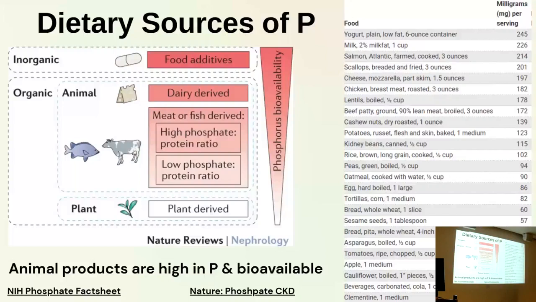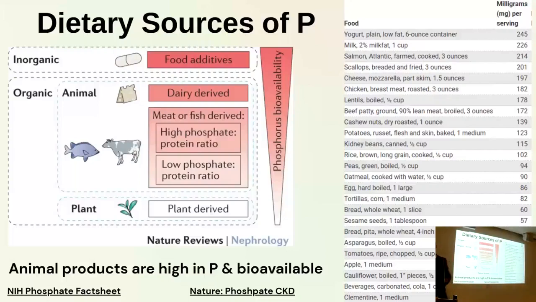But animal-based products, extremely bioavailable sources, right? So we can absorb these things, no problem at all. Good sources, we've got milk again, dairy is good, fish is good. Again, but there's some other examples on here. We've got lentils, we've got nuts, we've got beans, we've got breads as well.